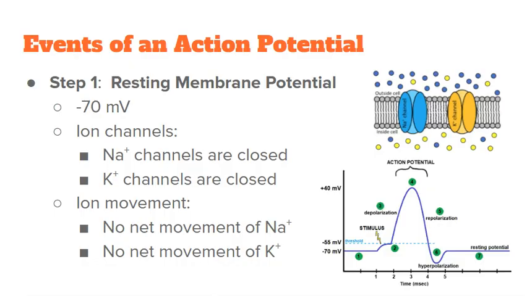So we are going to look at what's kind of different for each of these steps. So sodium channels and potassium channels are closed. What does that mean for ion movement? Well, if these channels are closed, you can't get sodium or potassium going through the cell membrane. Right? So they're not flowing in or out of the cell.